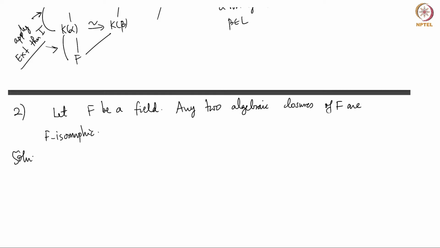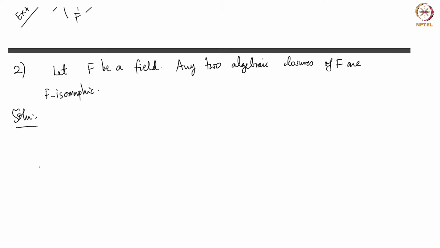Again I won't go into the full details, but let K and L be two algebraic closures of F. So you have K and L, and they are both algebraic closures of F.